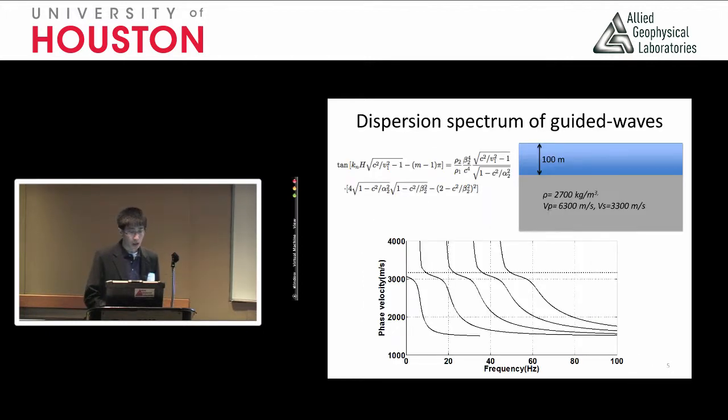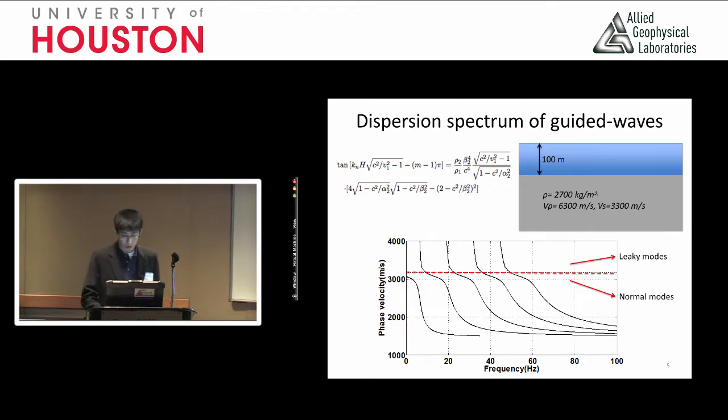So guided waves are governed by this simple equation. In this equation, we have frequency, this is the wave number, and we also have the water depth, the phase velocity, and the sound wave velocity of the water, and the mode number, and also the P wave velocity with lambda, and this is the shear wave velocity of the seafloor, and also we have the density.